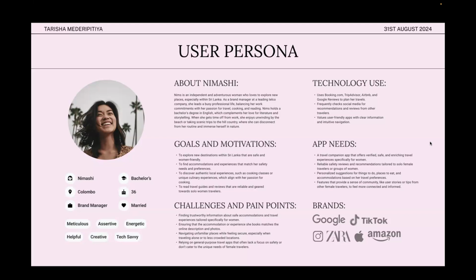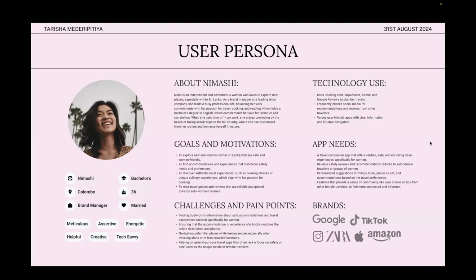So the app needs are a travel companion that offers a verified, safe, enriching travel experience specifically for women, reliable safety reviews and recommendations tailored to solo travelers or groups of women, personalized suggestions for things to do, places to eat, and accommodation based on her travel preferences, and features that provide a sense of community, where users like stories or trips from other female travelers to feel more connected with the information.